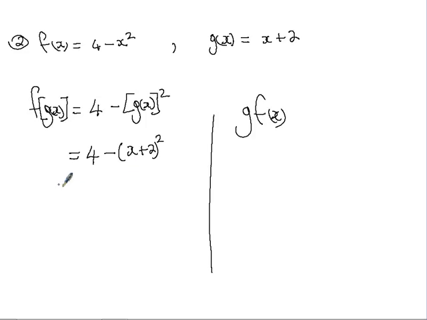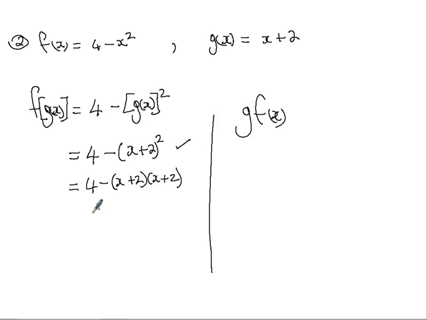That is the combined function, but of course you can simplify this. You can remove the brackets and put the like terms together. So we'll have 4 minus (x plus 2) times (x plus 2). Remember, we've already combined the functions. Now we're just applying some additional algebra to simplify it.